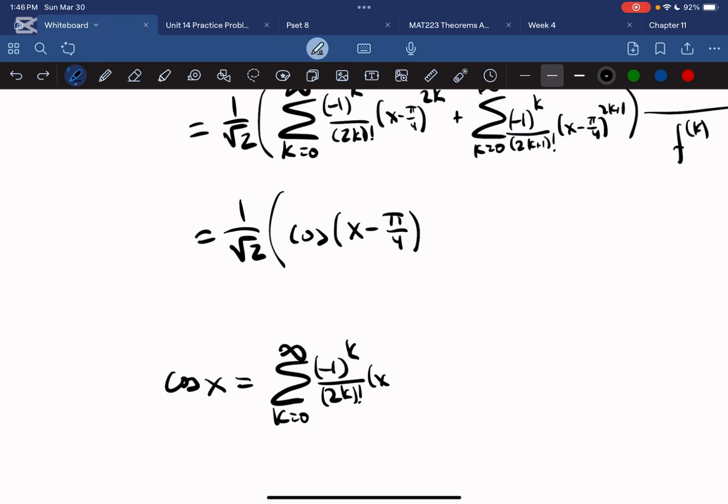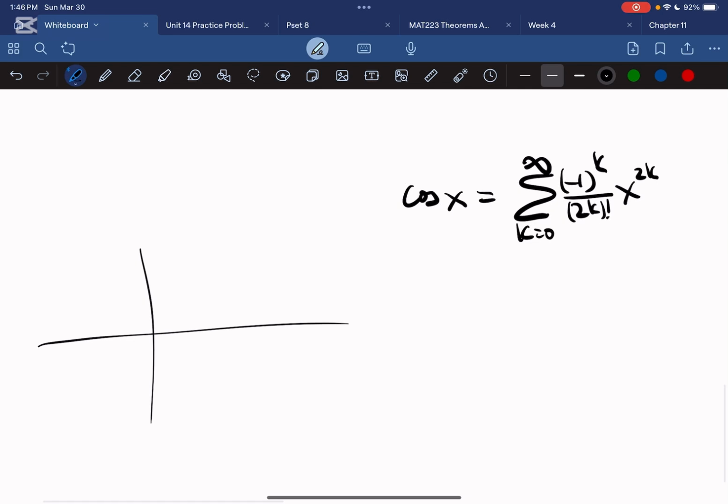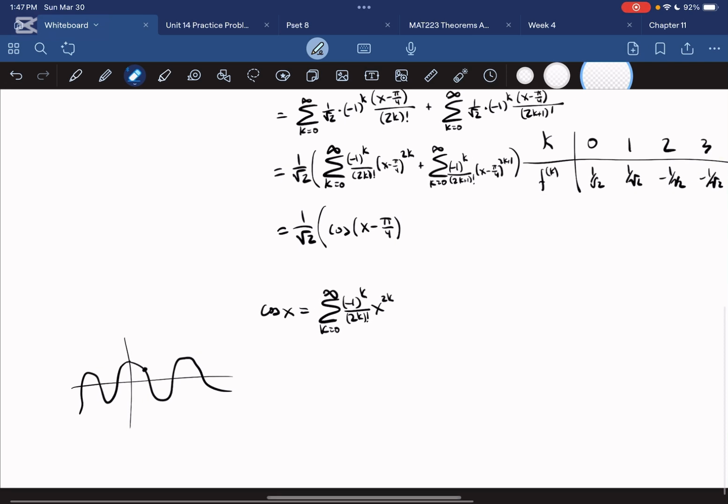Oh, sorry. So when we add x minus pi over 4, we're basically saying, take that same Taylor polynomial, right? That might look like something like this, and evaluate it at x equals pi over 4. That's what we're doing.